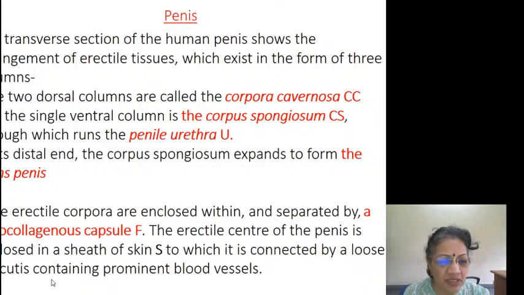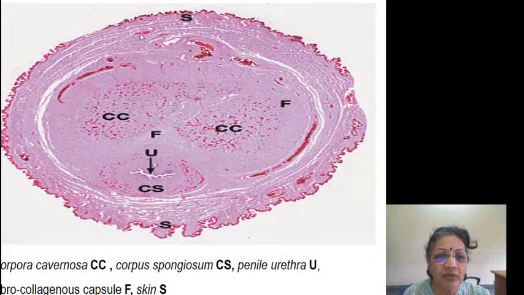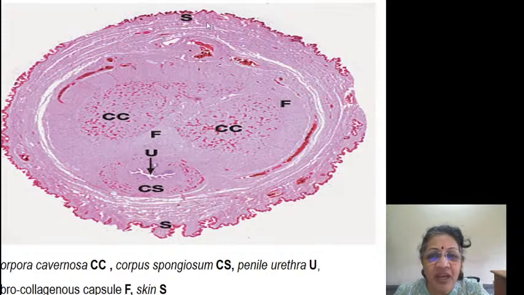And the center of the penis is enclosed in a sheath of skin outside, which is connected by loose subcutis containing prominent blood vessels. So just under the skin you have a whole bunch of blood vessels. So S is actually subcutis. I've written it as skin here, but under the skin, the dark purplish layer is the skin. There is a subcutaneous domain, you can say, under which is this fibrocollagenous sheath.